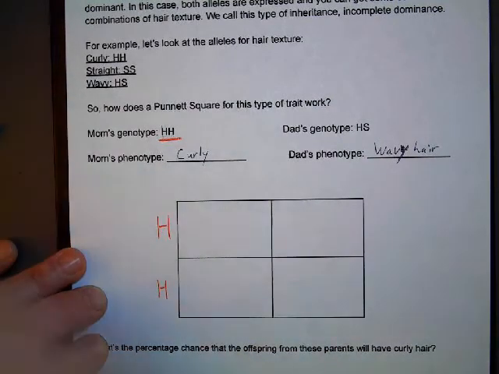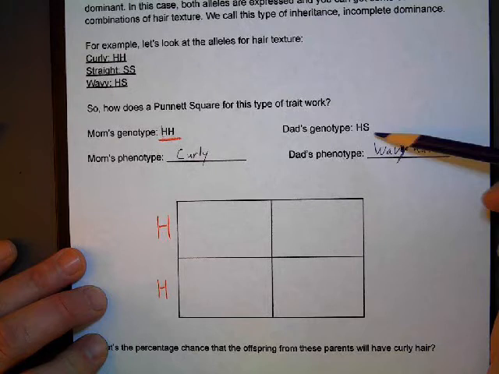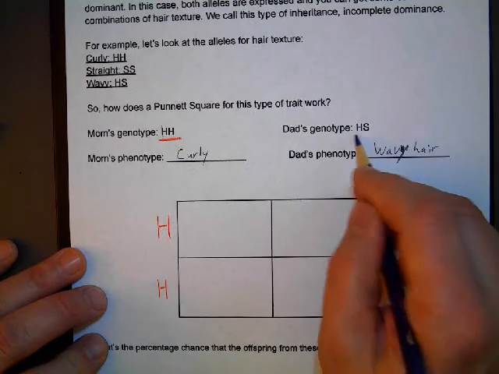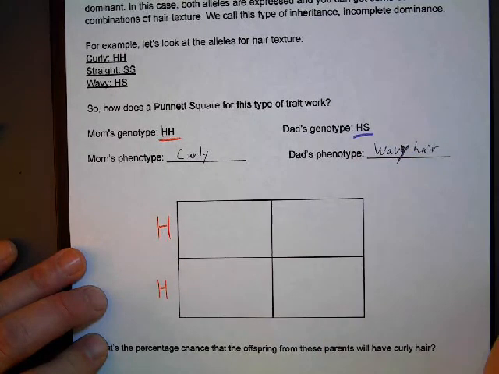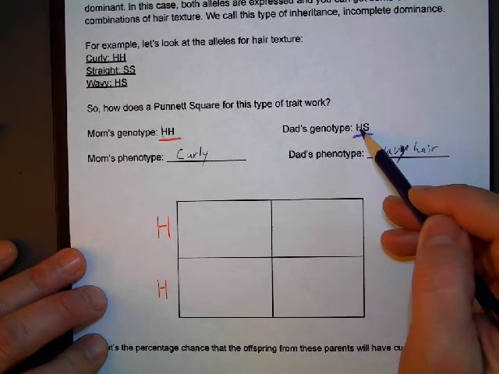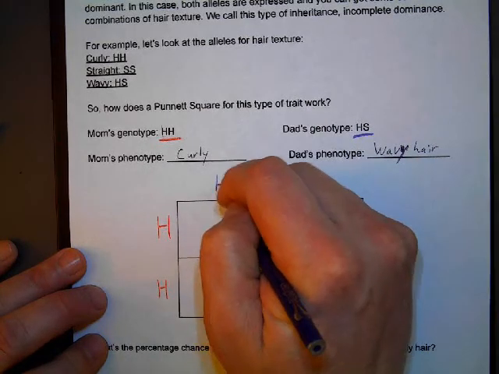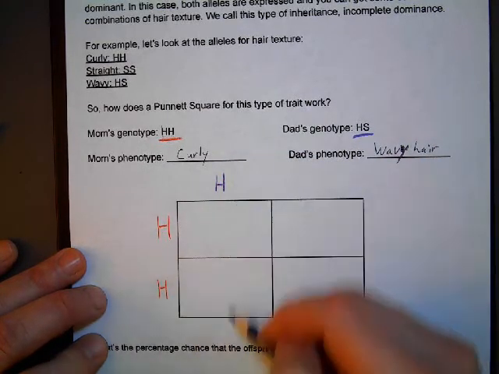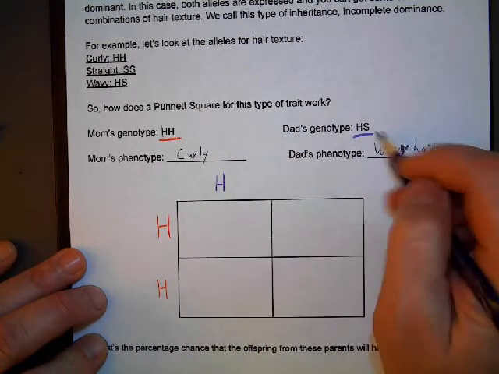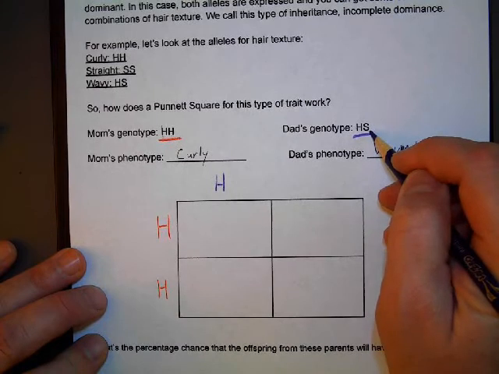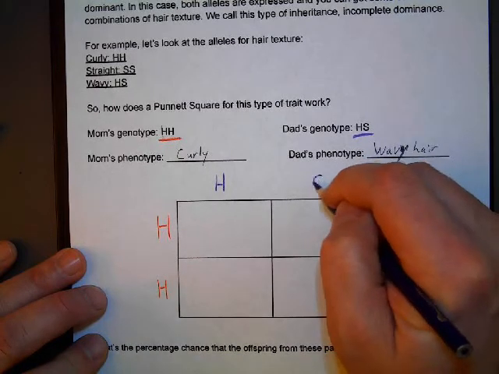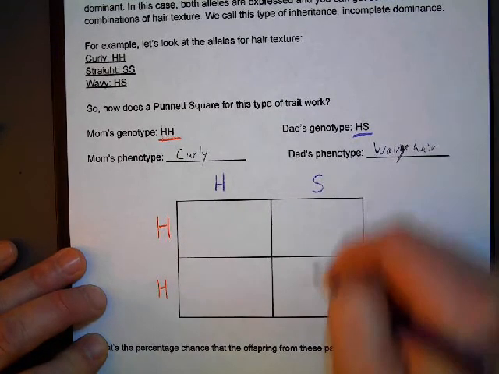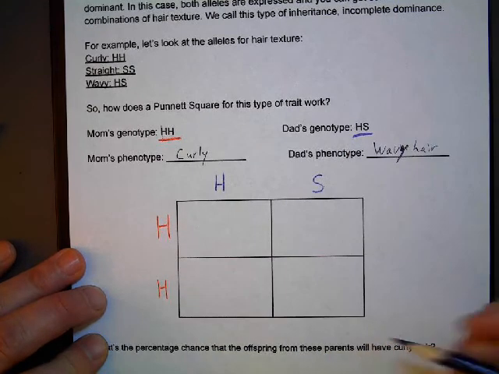Then I'm going to come up here and take dad's genotype, and I'm going to use purple for this. I'm going to take his allele of capital H and put it over this column, and take his capital S allele and put it over this column.